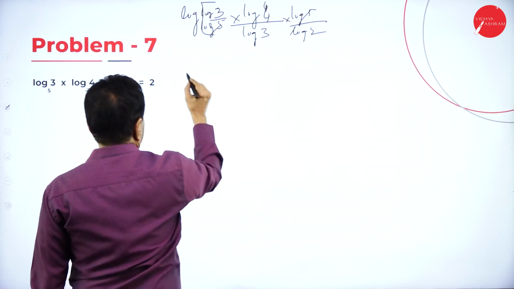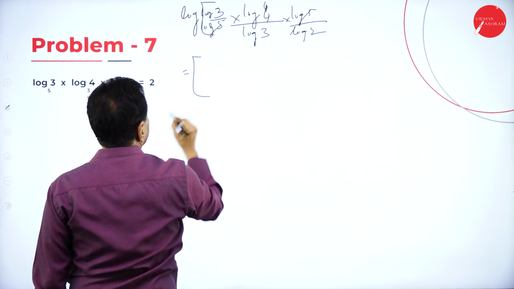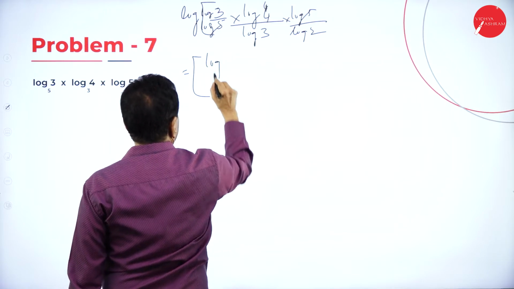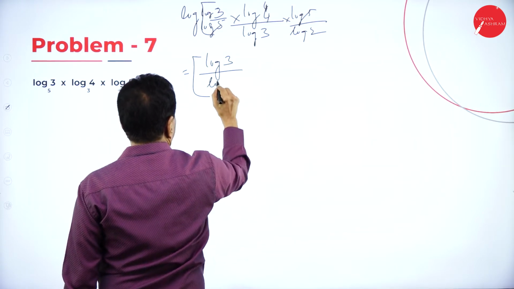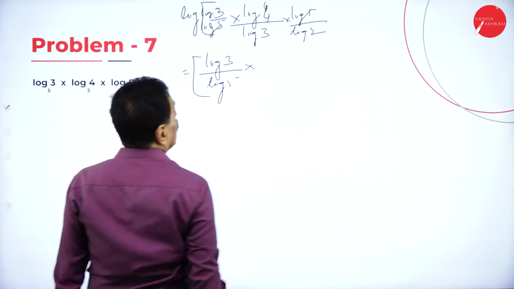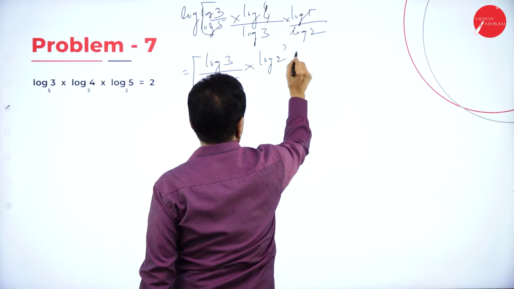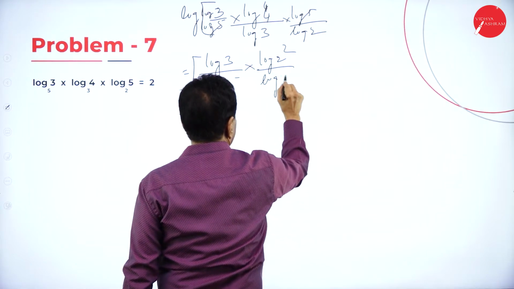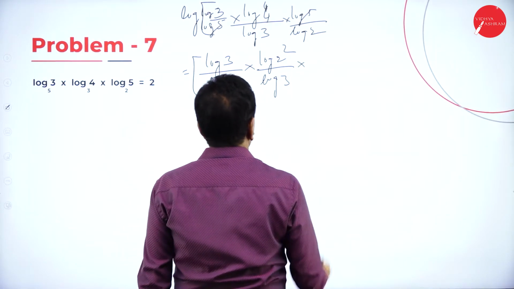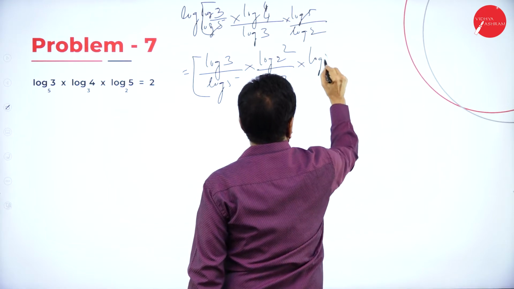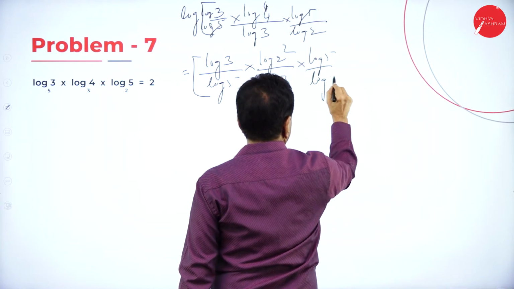Or this can be written as log 3 divided by log 5 into log 2 square divided by log 3 into log 5 divided by log 2.